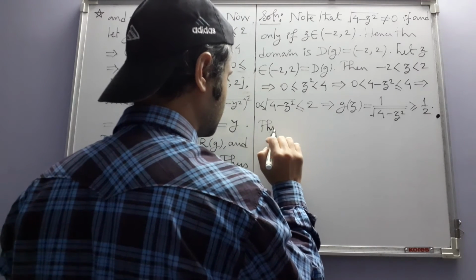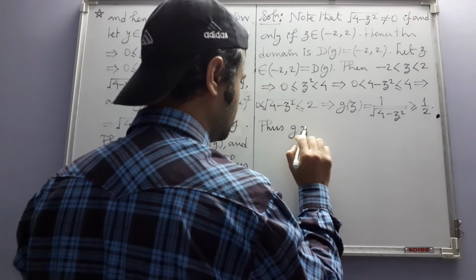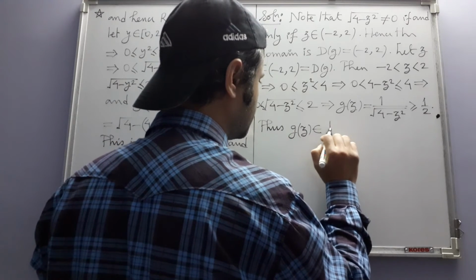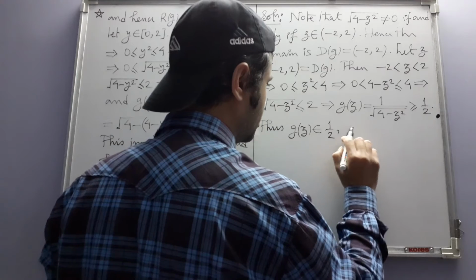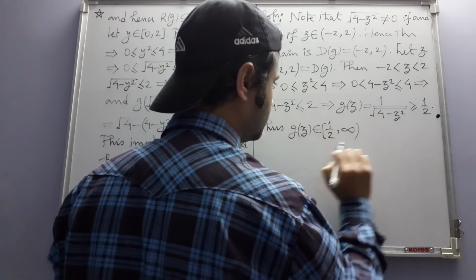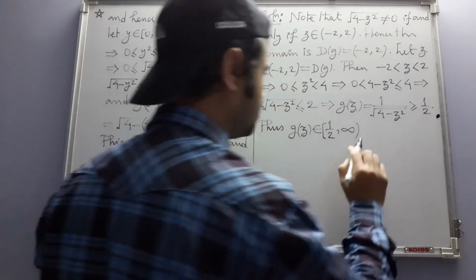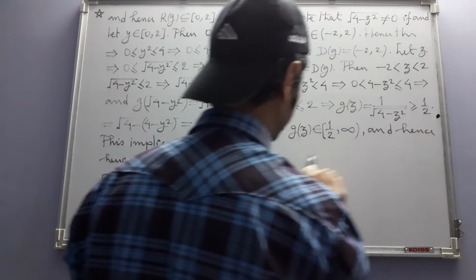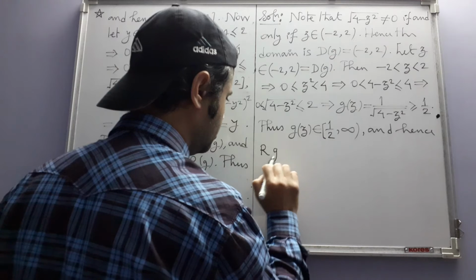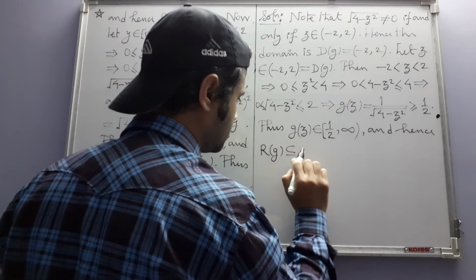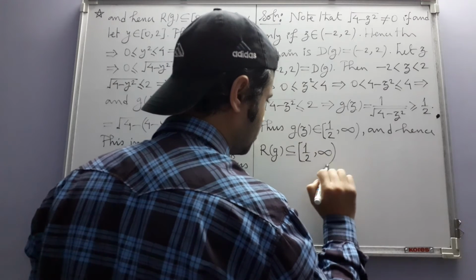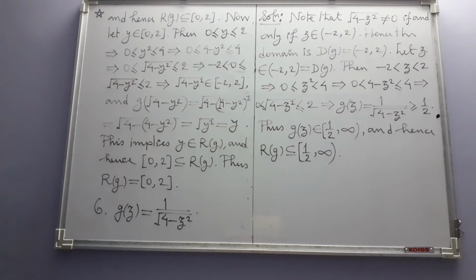Thus, g of z belongs to this closed ray 1 over 2 comma infinity, and hence the range of g is contained here. Okay.